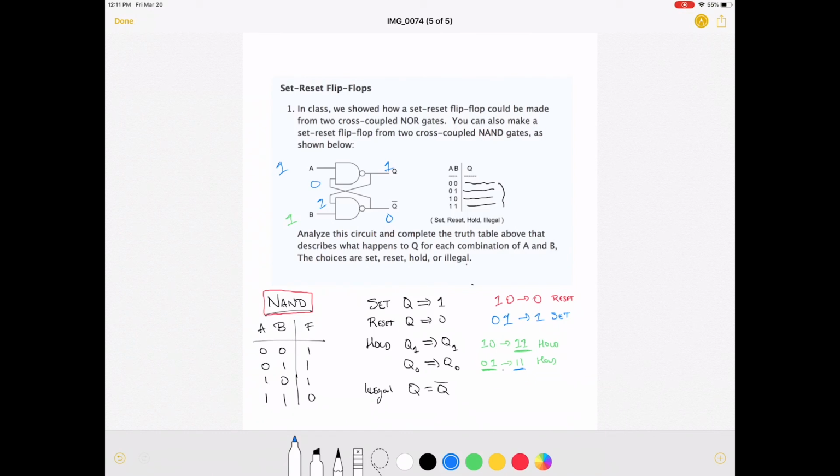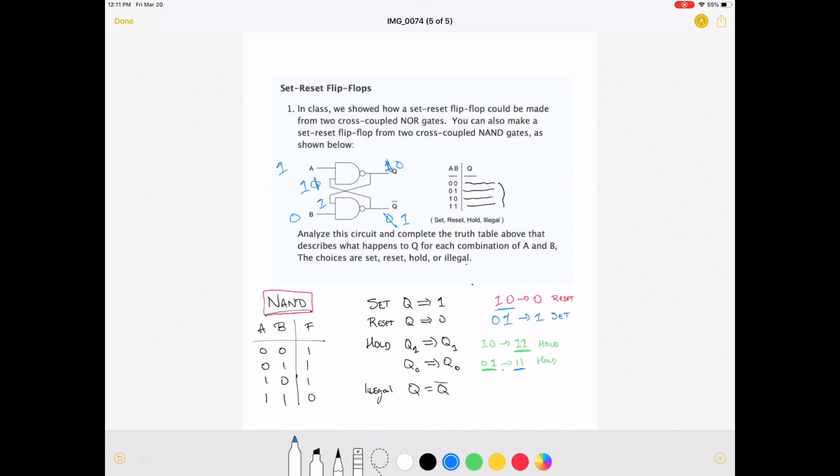So let's reset. In order to reset, we have to go to state 1, 0. So let's change this 1 to a 0. And when we do that, if we look at our truth table, this 0 becomes a 1, which makes this a 1, which makes this a 0. And we'll notice that 1, 0 is in fact reset. We already knew that, but it's just good practice.